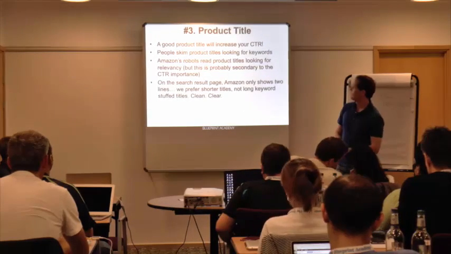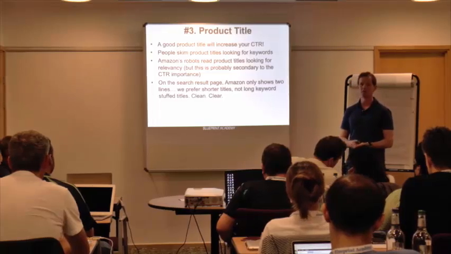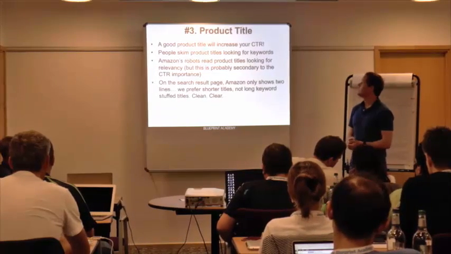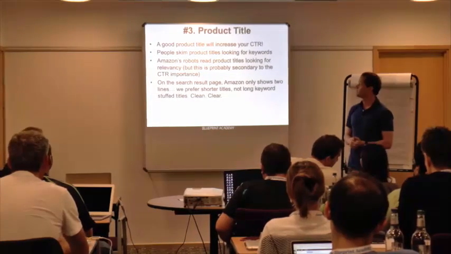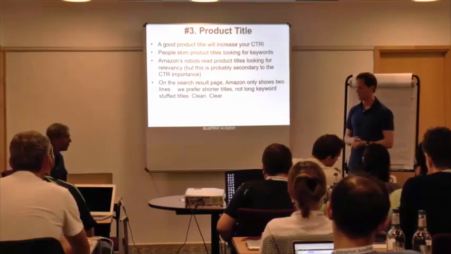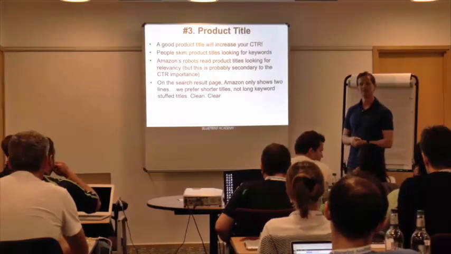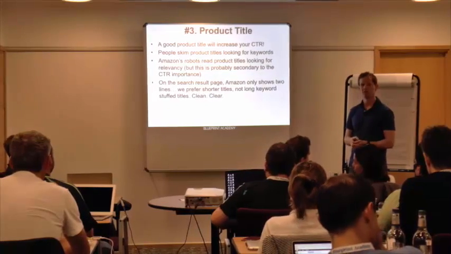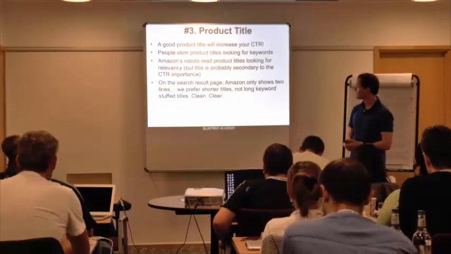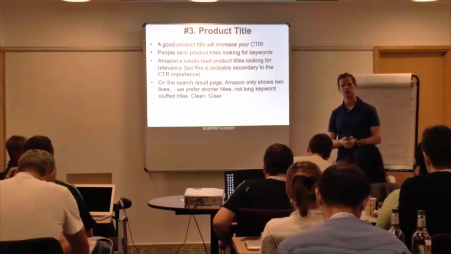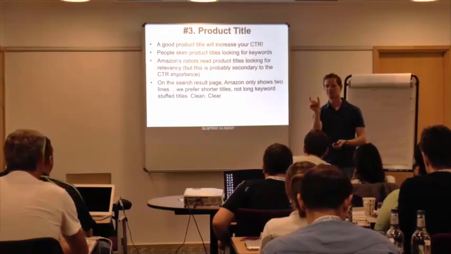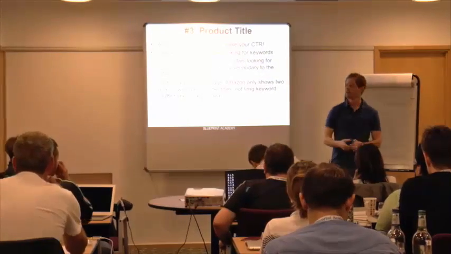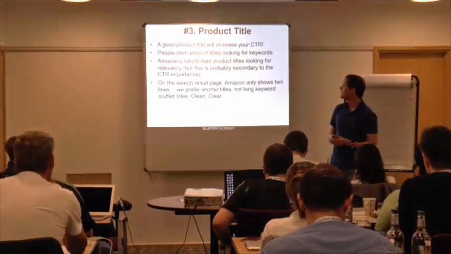So, product title. A good product title will increase your click-through rate. And I think for me, the product title is probably the thing that has the biggest impact on your rankings for your keywords. So you want to have your keyword in that product title. People skim product titles looking for keywords. They don't necessarily read every single word in that title.